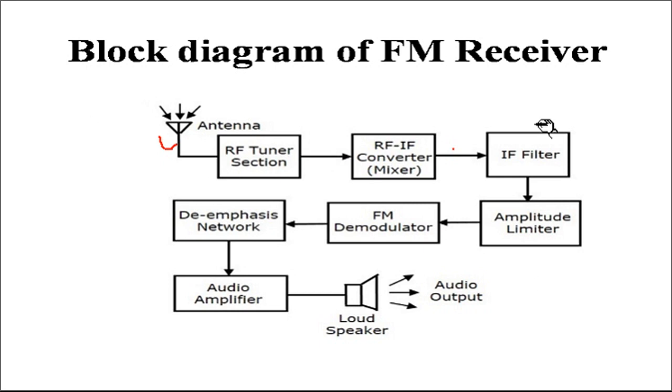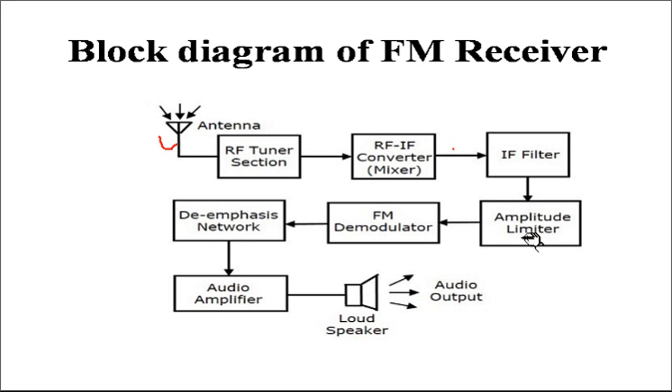Even in FM, when noise gets added, it will change the amplitudes of the signal. But here we don't have our information stored in the variations of amplitude, because we have stored our information in the variations of frequency. So the function of this amplitude limiter is basically to maintain its amplitude by removing the unwanted peaks.